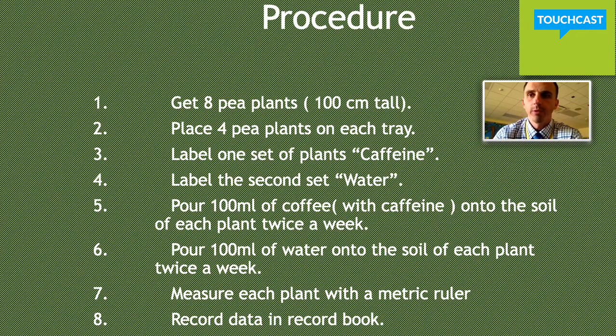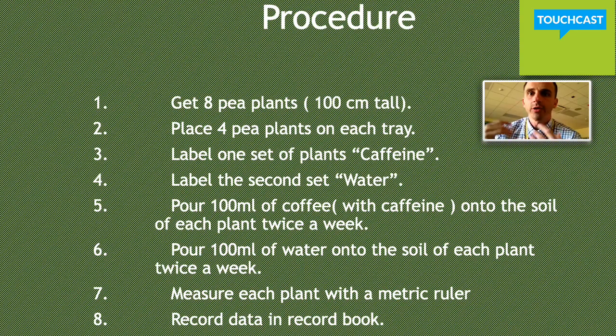Number 5 says pour 100 milliliters of coffee into the soil of each plant twice a week. Number 6, pour 100 milliliters of water into the soil of each plant twice a week. So you see 5 and 6, they keep things the same. The only thing that's different is the liquid that's being poured into the first 4 cups of soil and the second set of 4 cups of soil.